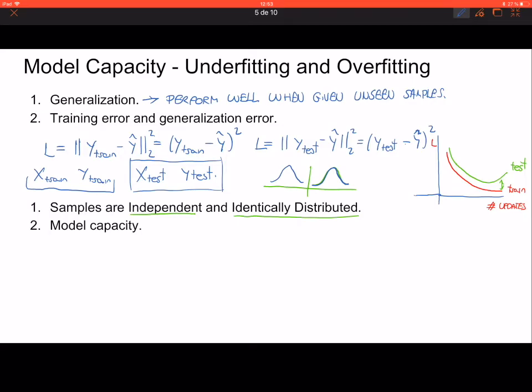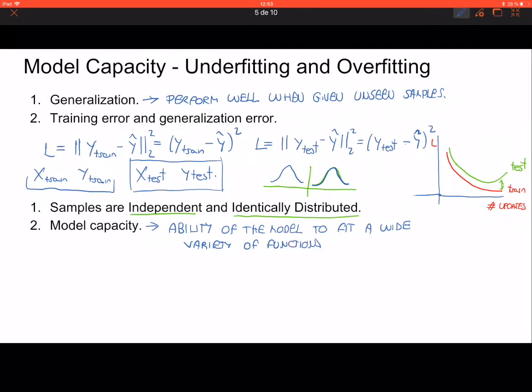Okay, so model capacity, as I mentioned before, is the ability of the model to fit a wide variety of functions.